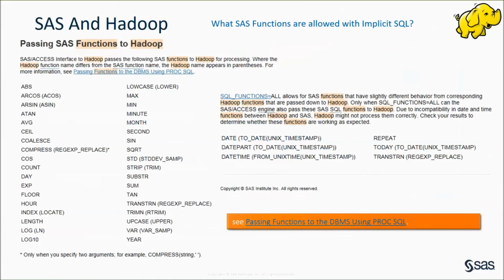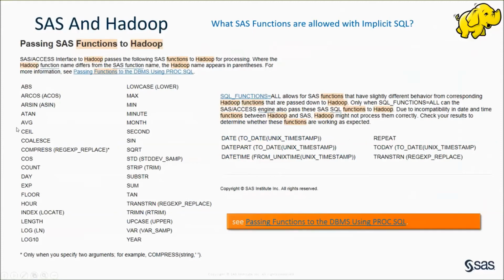Regarding the SAS functions that are allowed to be used in implicit SQL, so you're writing your implicit SQL and you're going to pass a function down. For example, the trim function here: we have trim as the SAS function, and then in the parenthetical is what it gets translated into when the Access engine is rewriting the code into HiveQL.